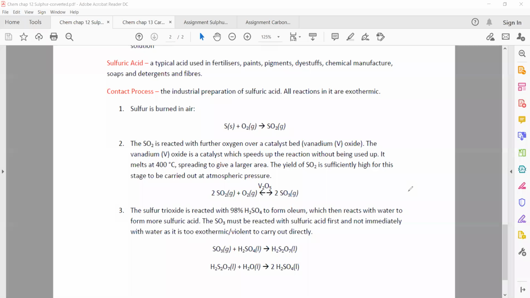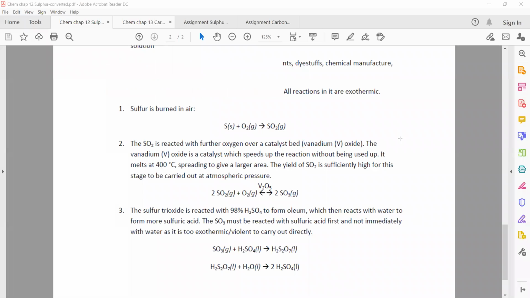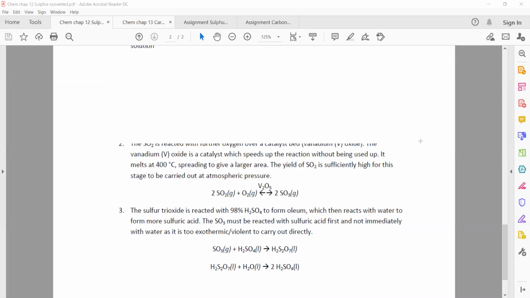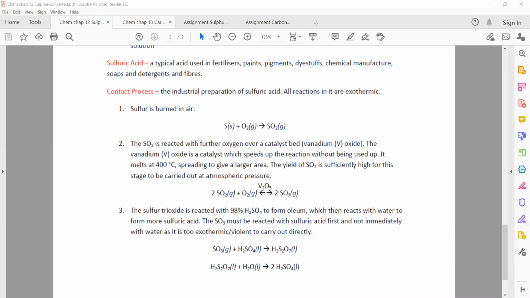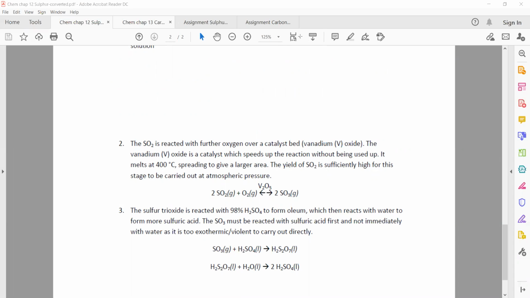So sulfuric acid can be used as a drying agent or a dehydrating agent. So what's the meaning of sulfuric acid as a drying agent or as a dehydrating agent?